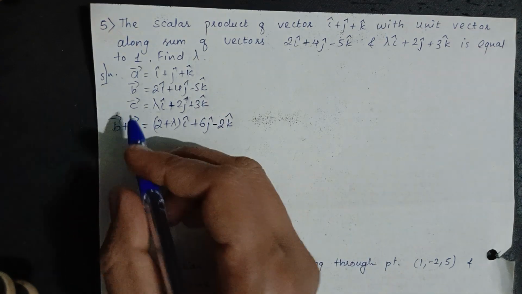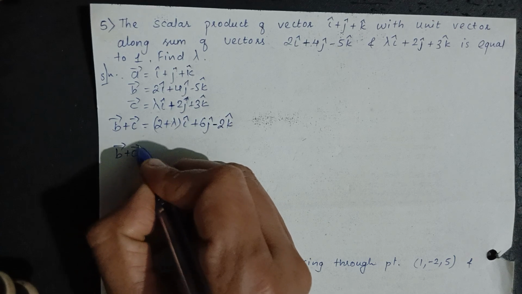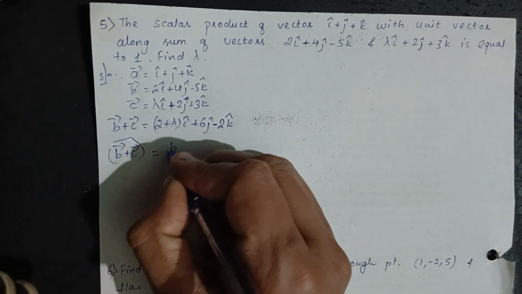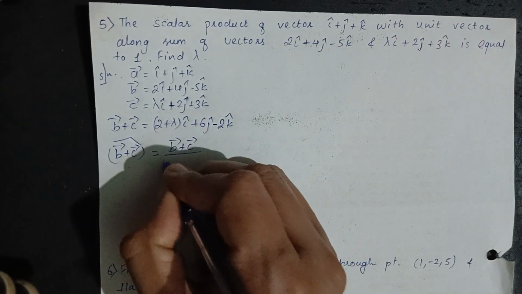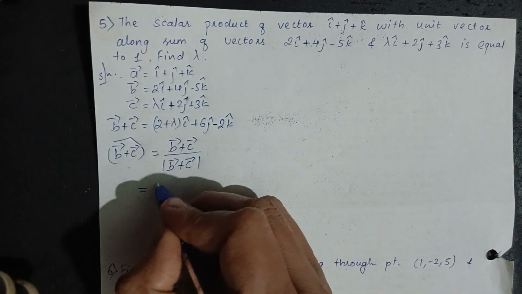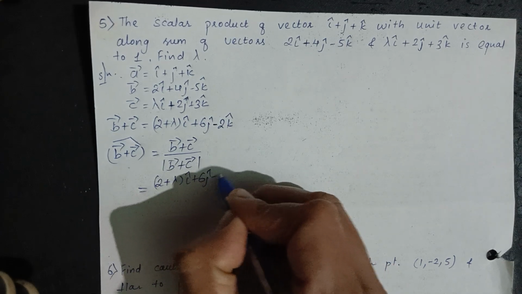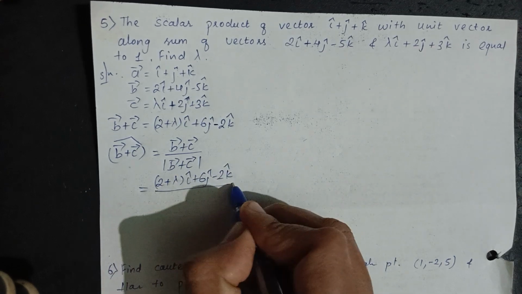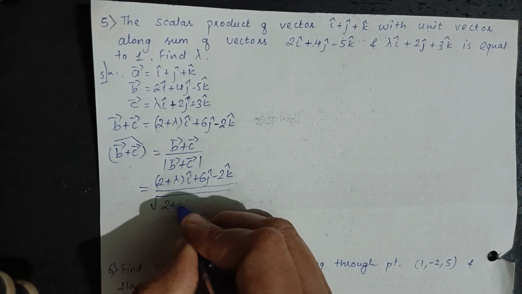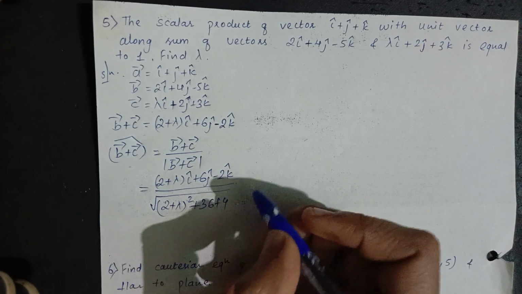Now finding out the unit vector, B plus C cap, that is the vector divided by its magnitude: 2 plus lambda i plus 6j minus 2k upon root of 2 plus lambda the whole square plus 6 square plus 4.